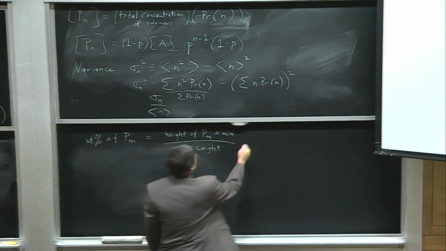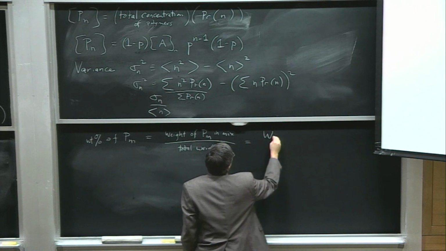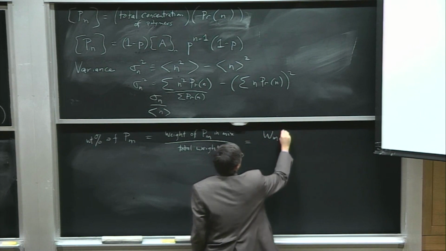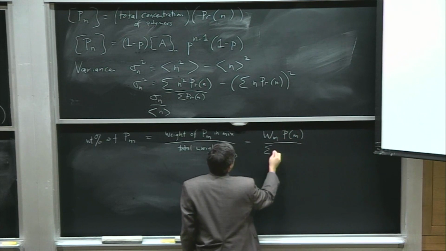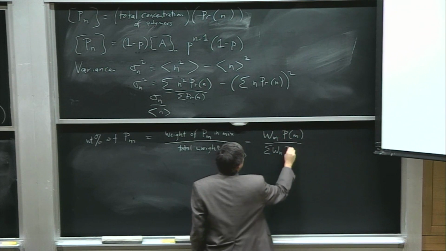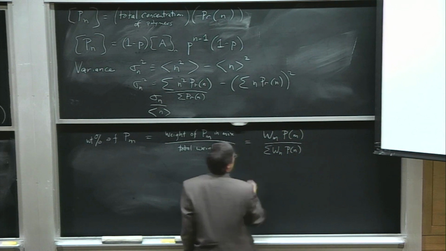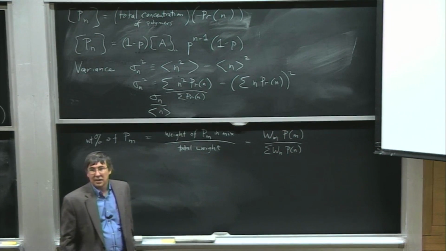So that's equal to the weight of M times the probability of M, divided by the total weight, which is going to be the weight of all these guys times the probability of each of them. And you can see this is different.